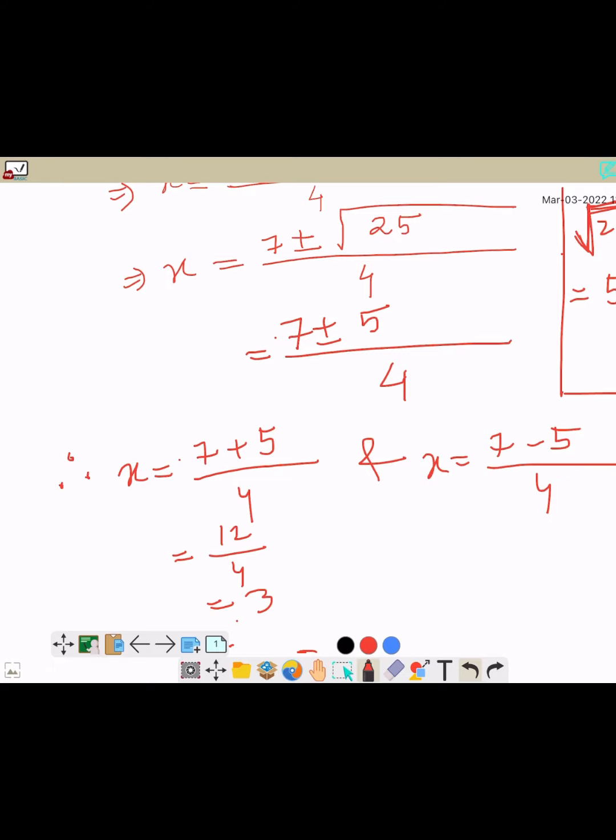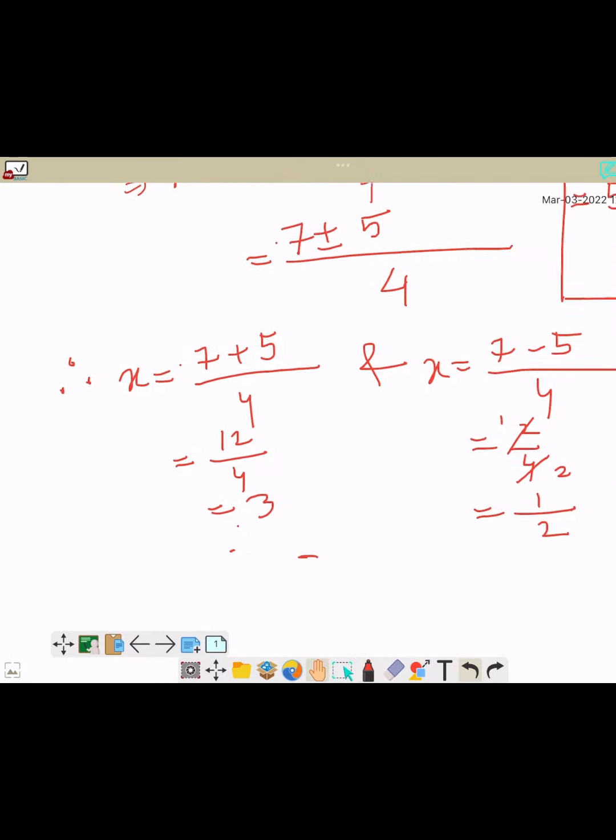Then 7 minus 5 is 2, and this is 4, so 2 by 4 cancels to 1 by 2. So this is the solution.